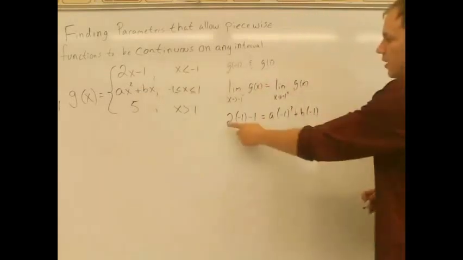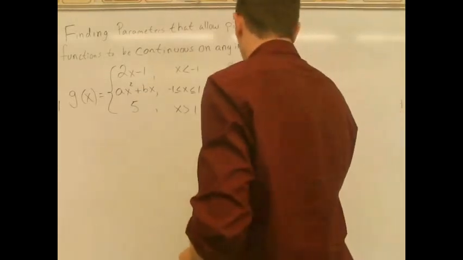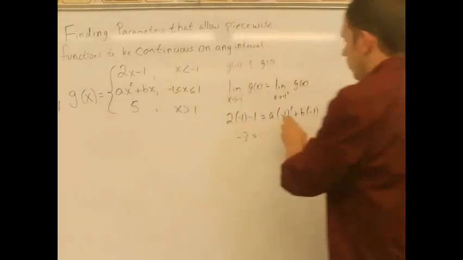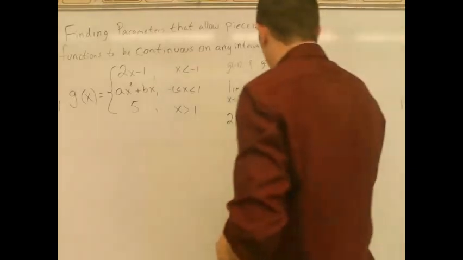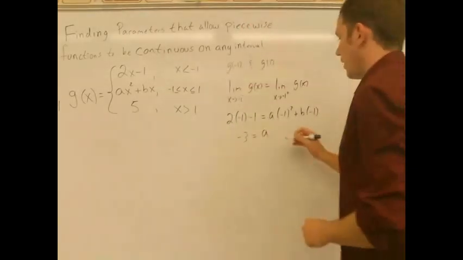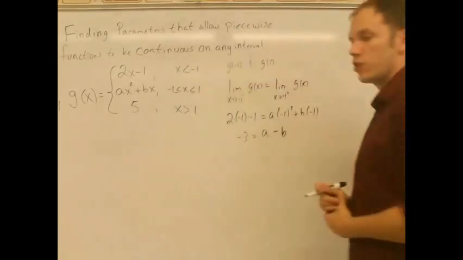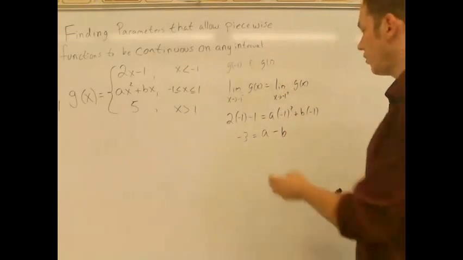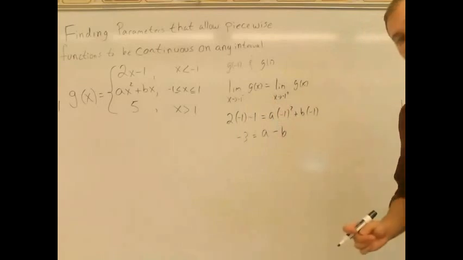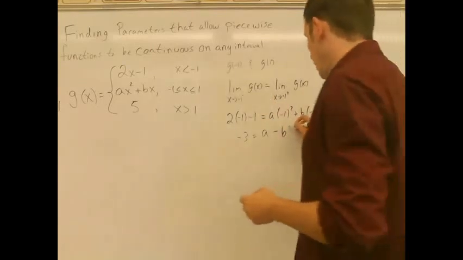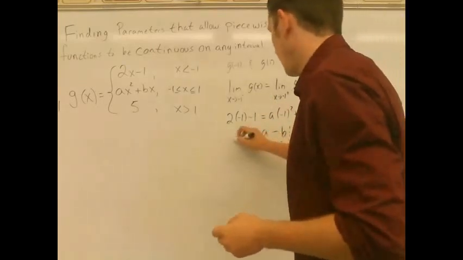I'm going to get -2 minus 1 to be -3, and this is going to equal -1 squared to be 1, so we have a, then minus b. So we have an equation here with 2 unknowns, so we can't really solve for a and b with this idea alone. However, we are going to tentatively box this in to keep it around.